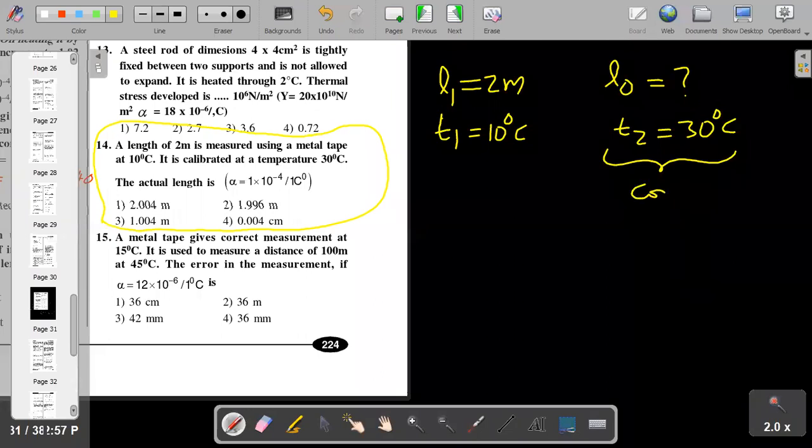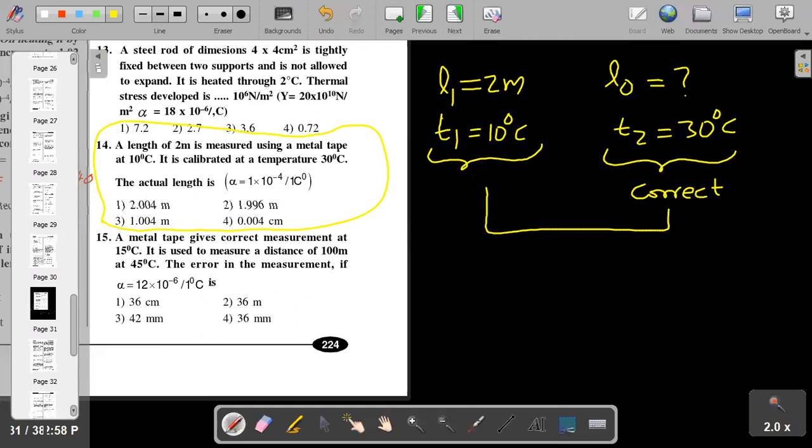Correct measurement means where the scale has been designed, that is, the scale is designed at one particular temperature. That correct temperature is 30 degrees. Now they are measuring at T1, that is 10 degrees centigrade. That means they are measuring at low temperature, so temperature has been decreased.